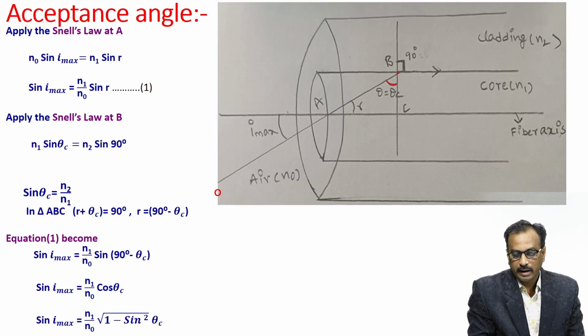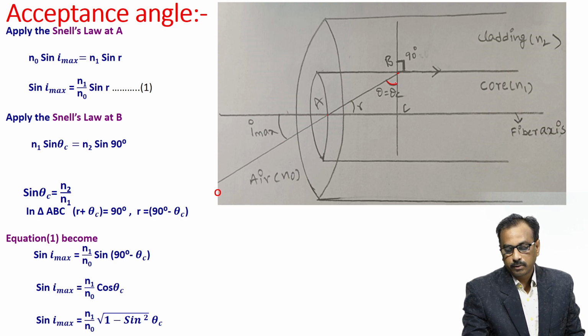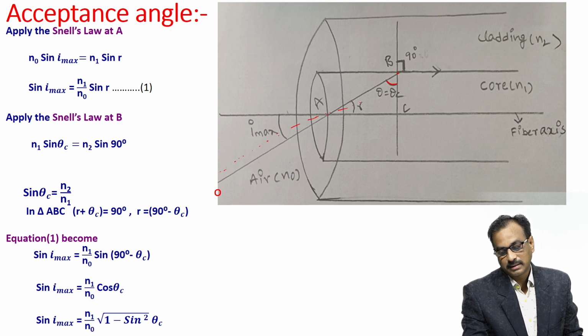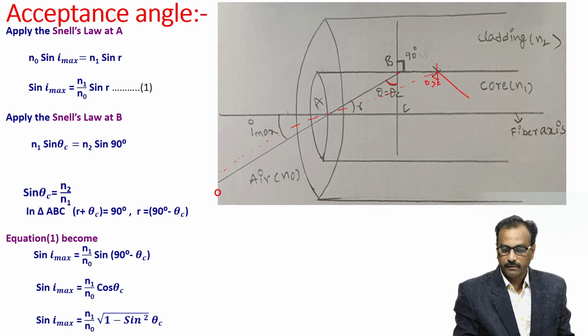The important point is that i maximum occurs when theta equals theta c at B. For any light launched below this angle of incidence, the angle of refraction is also smaller, and the angle of incidence at the core-clad interface, theta, must be greater than theta c, so the light ray suffers total internal reflection.